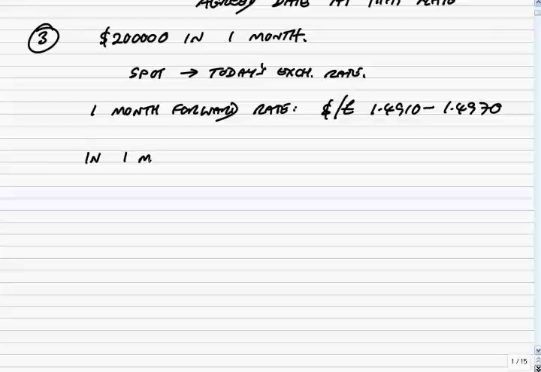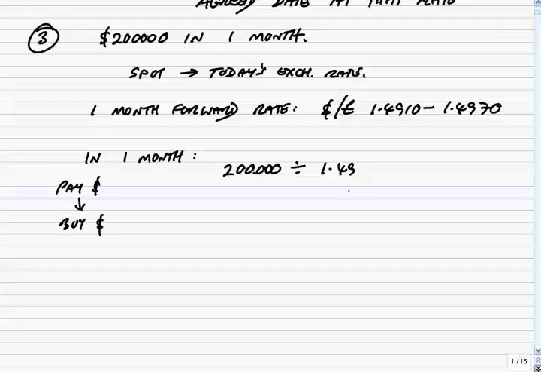Well, in 1 month, we have to convert our $200,000 at that rate. The forward rate, there's a spread. We will apply it in the normal way. But here there's $1.49 to the pound, so divide by 1.49. And which one will it be? Well, here we're paying dollars, so we need to buy dollars.